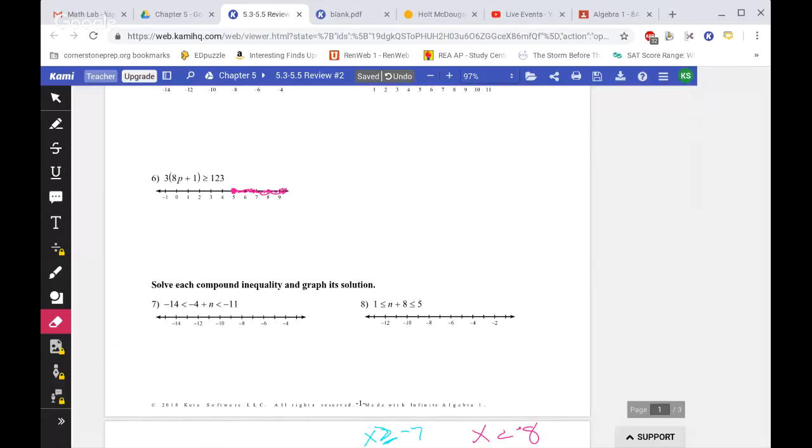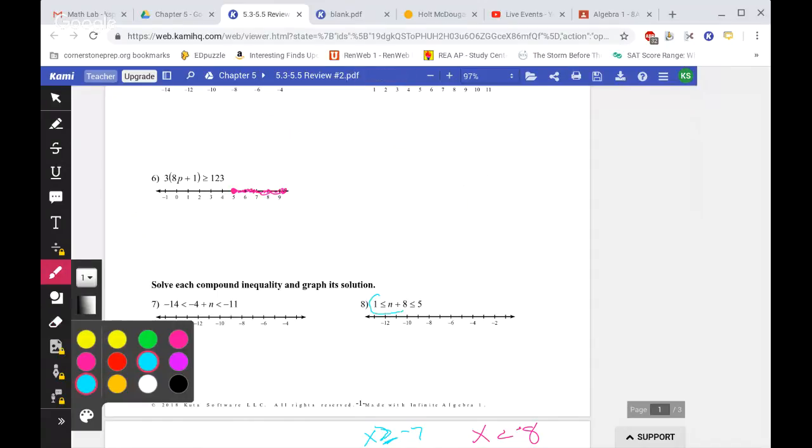All right. So we have 2 problems here. The first one is this, and the second one is this. So I'm going to do the first one up here. We've got 1 is less than or equal to n plus 8. So I'm going to subtract 8 from both sides. And I'm going to show you how I like my variable on the left. In order for me to read the graph, I need to get my n over to the left-hand side.